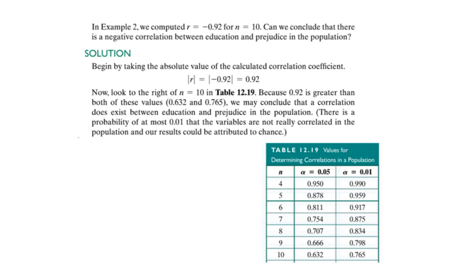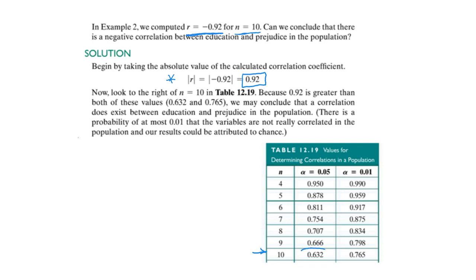So this refers to example 2 in the textbook, and it's saying that when we calculated our correlation coefficient, we came out with a negative 0.92. The sample size is 10, and it says, can we conclude that there is a negative correlation between education and prejudice in the population? So if you look in the solution region right here, it says if you take the absolute value of the correlation coefficient, we are going to get a result of a positive 0.92. So we're taking this absolute value of R, and we are going to compare it to the results in the chart that fall with the sample size of 10.